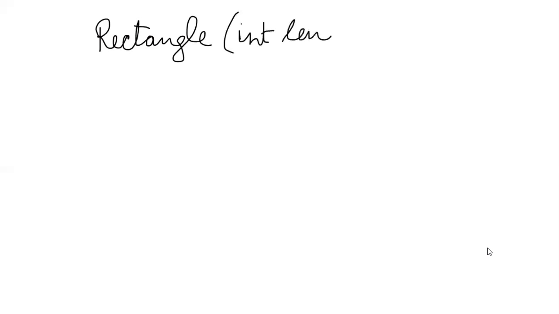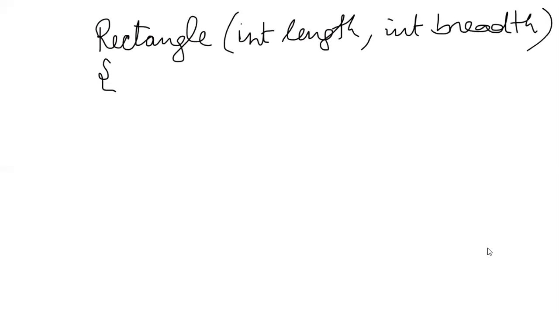So let me write the constructor again. So rectangle, int length, int breadth. So what is done in the constructor? On this side, we write the instance variable.